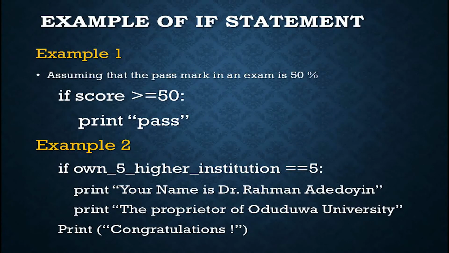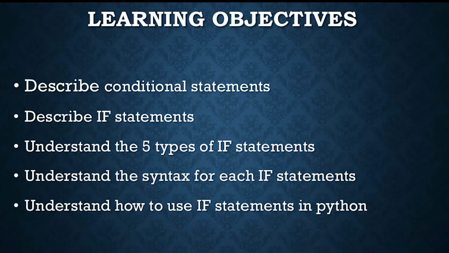So, we have been talking about if statements. I've given you 2 examples after looking at the syntax and the flowchart. Now, as I promised at the beginning of this lecture, I told you we have 5 learning objectives. So I'm going to remind us of the 5 learning objectives.